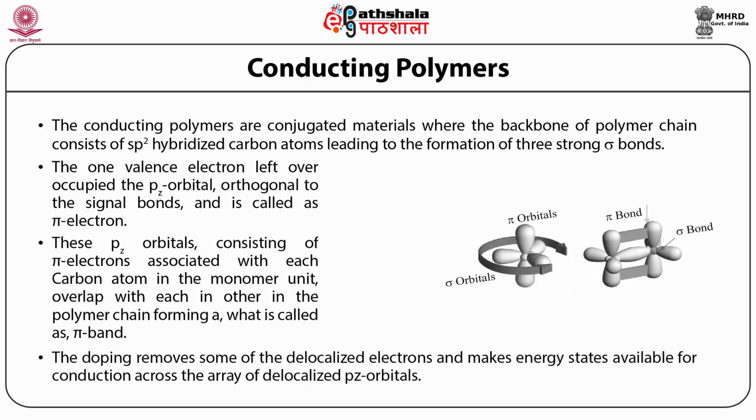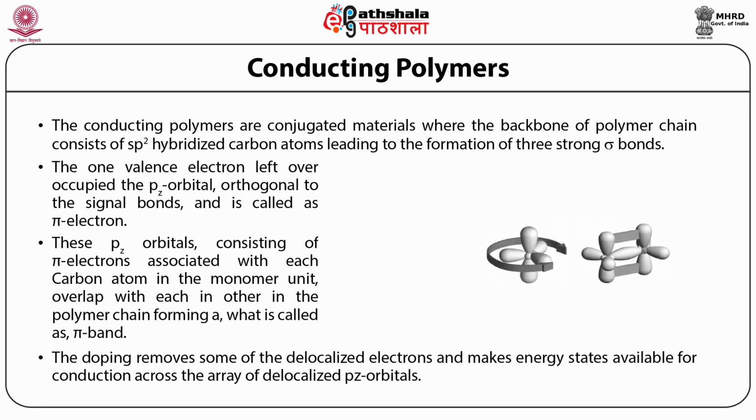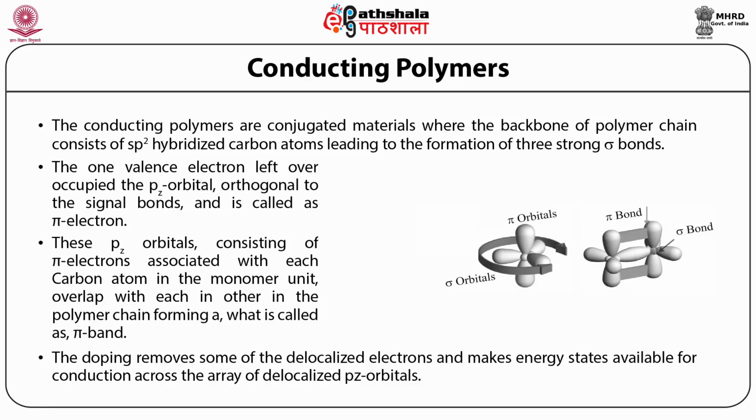The doping, for example via oxidation or chemical redox reaction, removes some of the delocalized electrons and makes energy states available for conduction across the array of delocalized pz orbitals. The process is shown schematically in the figure below.